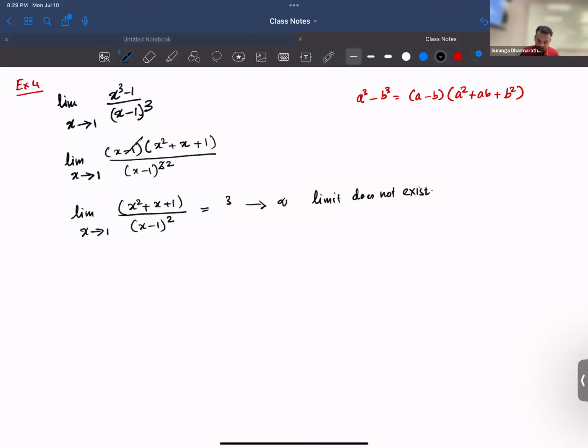Example 5. Limit tangent x divided by secant x when x goes to pi over 2.